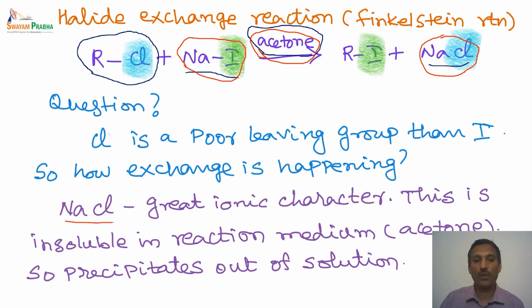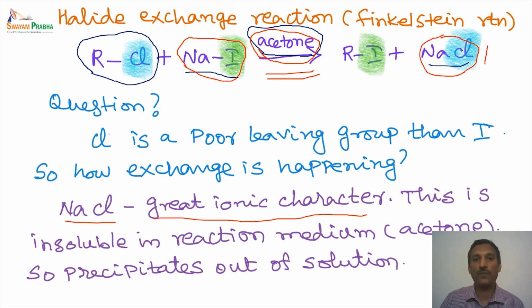Sodium chloride basically has a great ionic character. This is the crucial thing for this particular reaction to proceed forward. So this is highly insoluble in the solvent which we are using.